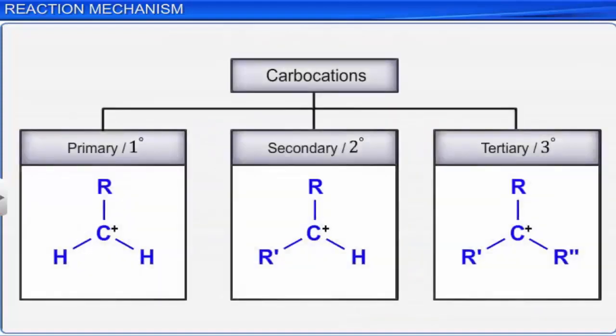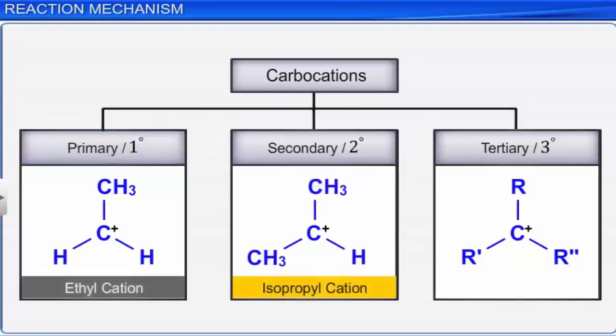Depending on the number of alkyl groups directly attached to the positively charged carbon, carbocations are classified as primary, secondary and tertiary carbocations. For example, ethyl cation is a primary carbocation, while isopropyl carbocation and tert-butyl carbocations are secondary and tertiary carbocations respectively.